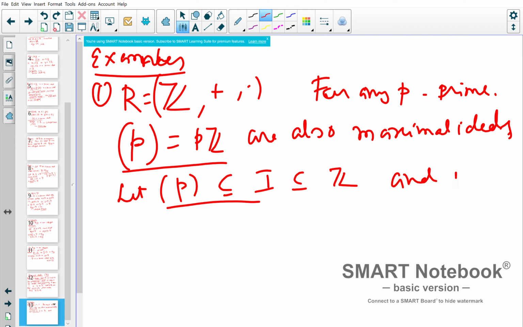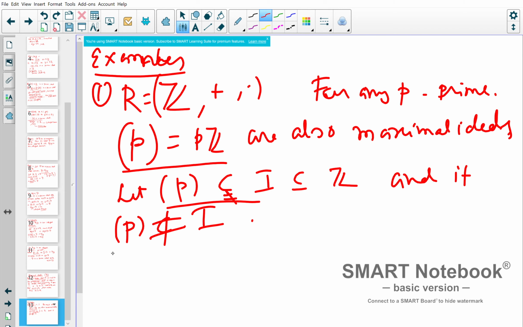And if P is not equal to I, so that means it's proper, right? Then I need to show that I equals Z, then I am done.